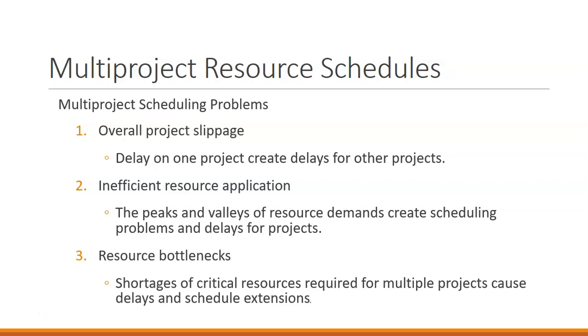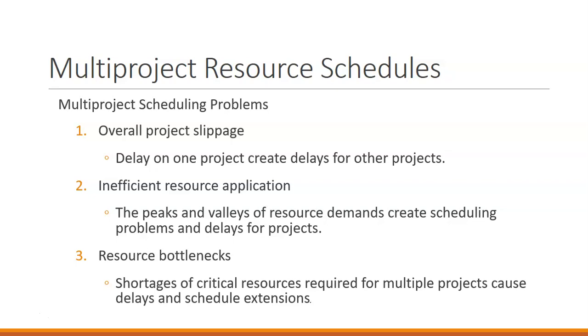If there is another project that needs two design engineers and the first project is delayed for any reason, then the other project gets delayed. And this could be multiple projects that end up getting delayed.